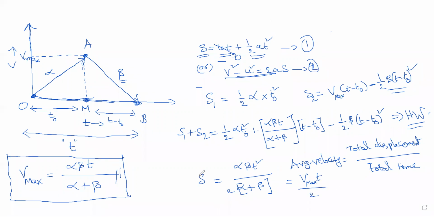So S is Vmax into T divided by 2. Now V average is total displacement, Vmax into T divided by 2, divided by the total time T. So T gets cancelled. V average is Vmax by 2. So this is how you get the expressions.